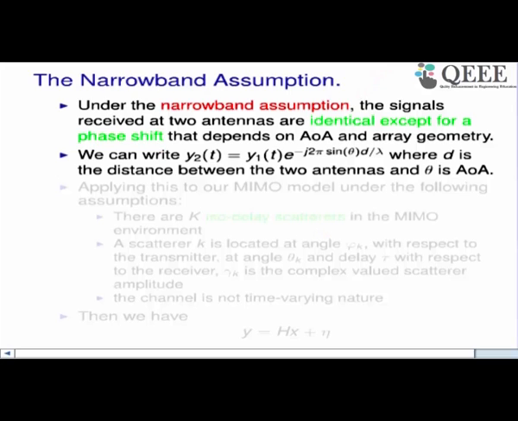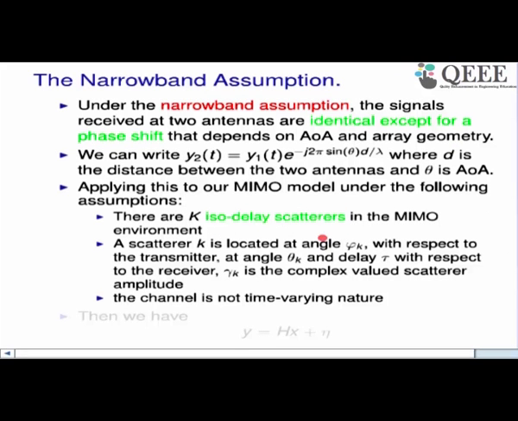Assuming there are K different scatterers, using the narrowband model, what will happen is, here you see that your y_k(t) will be equal to y1(t) e^(-j 2 pi sin(theta) d / lambda), which is a function of the angle with the transmitter, where d is the separation between the antennas and lambda is the wavelength.